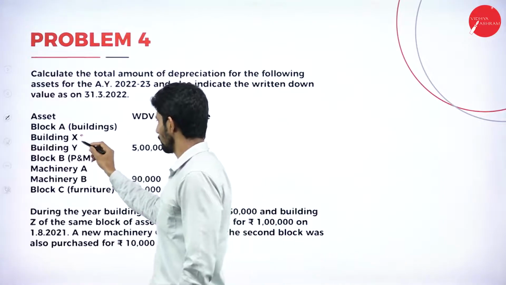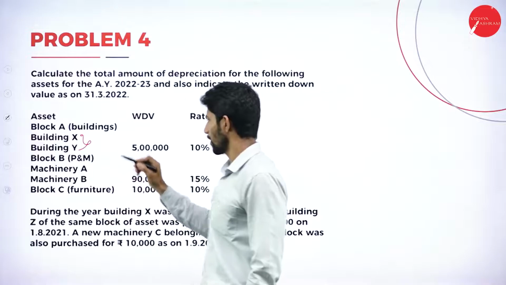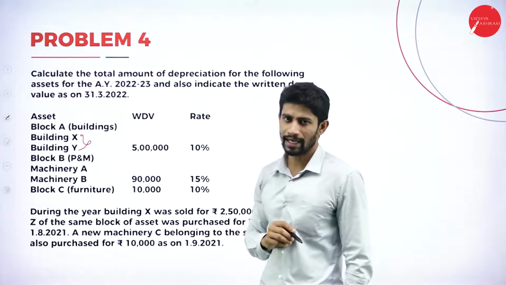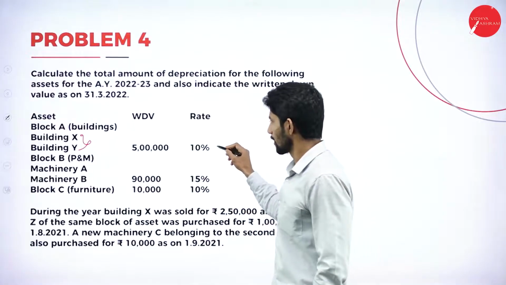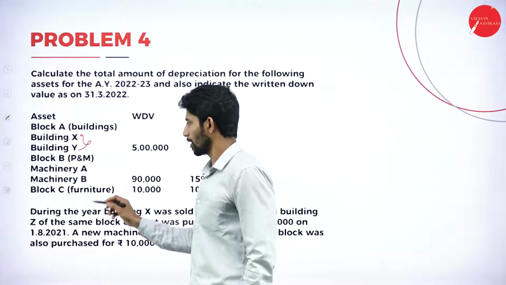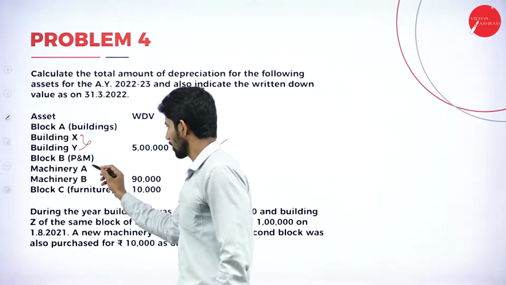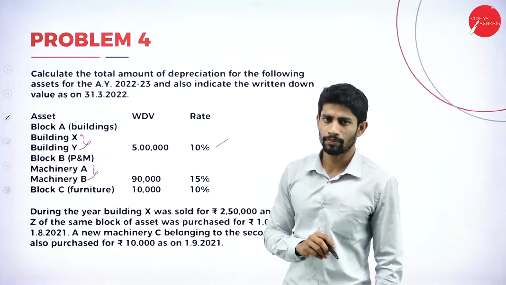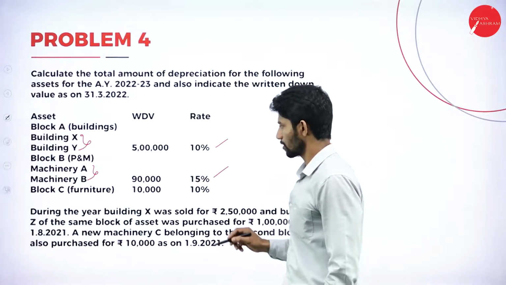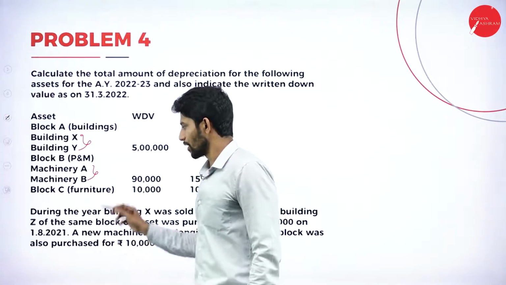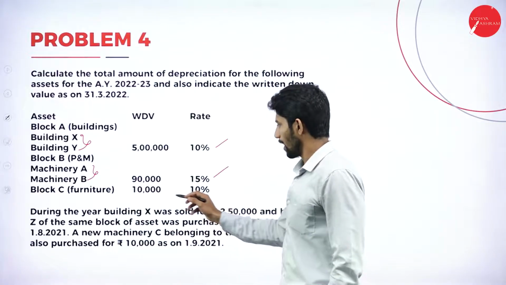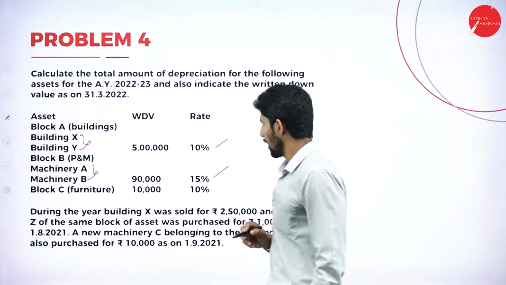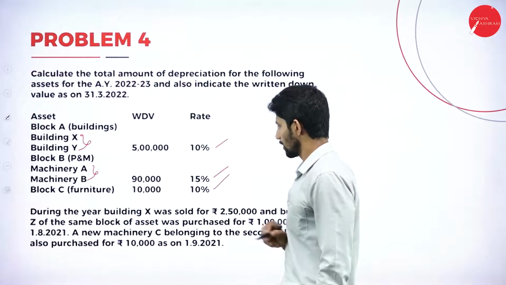So together building X and building Y, the total value is 5 lakhs and the rate of depreciation is 10%. Next, block B, machinery A and machinery B. Together the value is 90,000 and the rate of depreciation is 15%. Next, block C, that is furniture. So the value is 10,000 and the rate of depreciation is 10%.